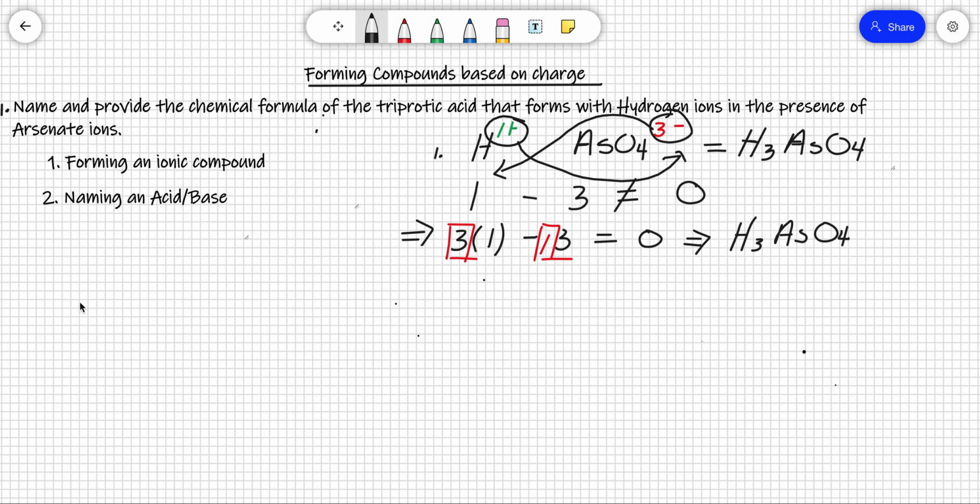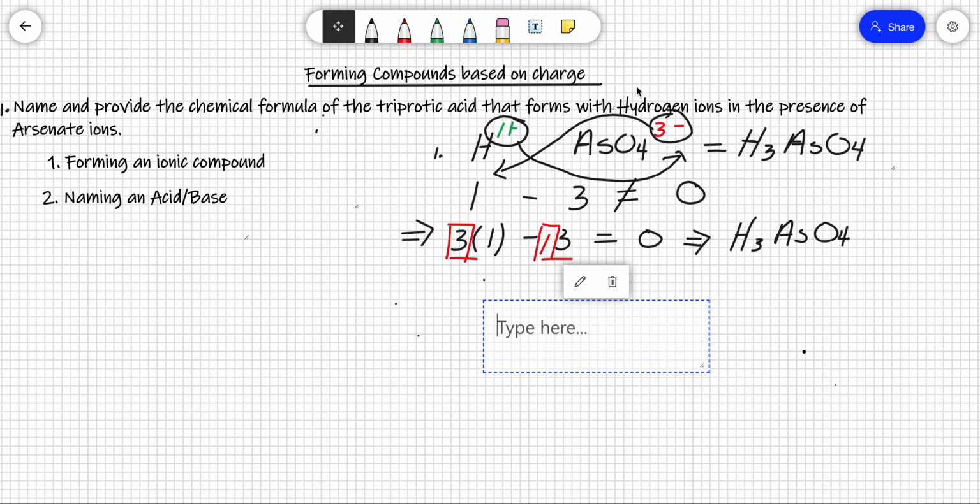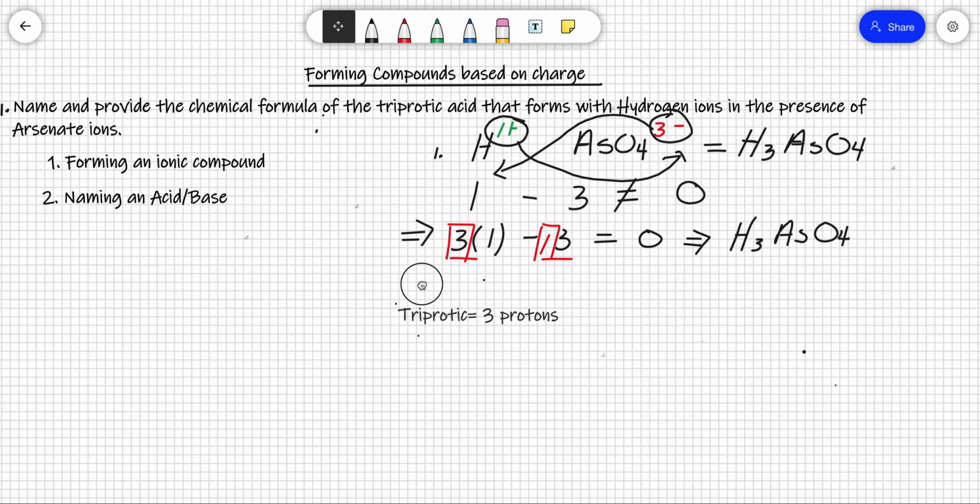So why is it called triprotic? What does triprotic mean? Looking at the word triprotic, basically what that means is you have 3 protons. Let's see if I can move this. There we go. Triprotic means you have 3 protons. Now, hydrogen has a proton. That's why it carries a +1 charge.